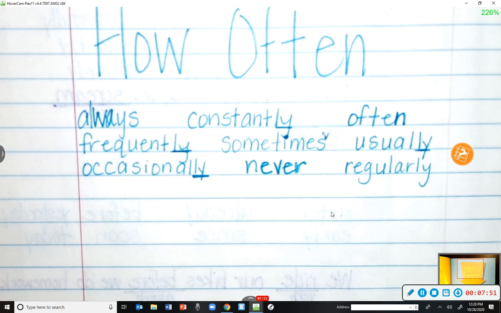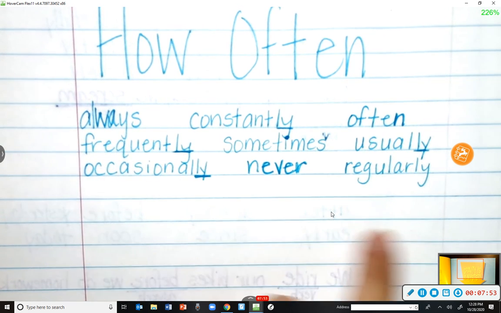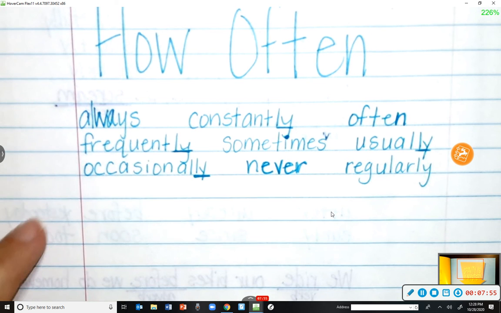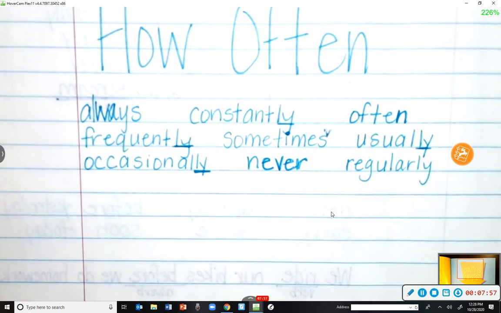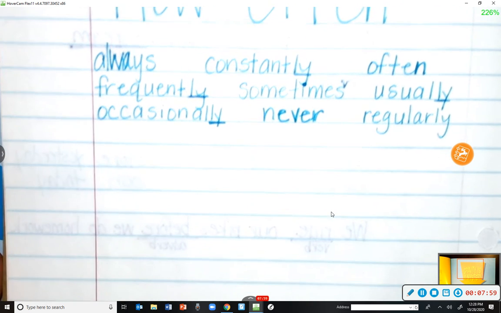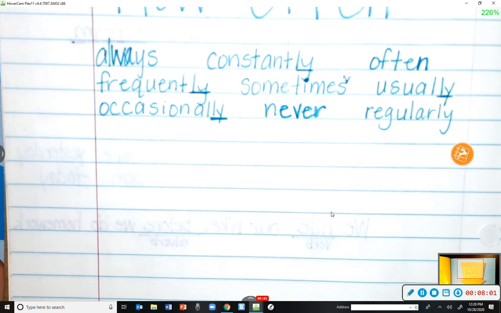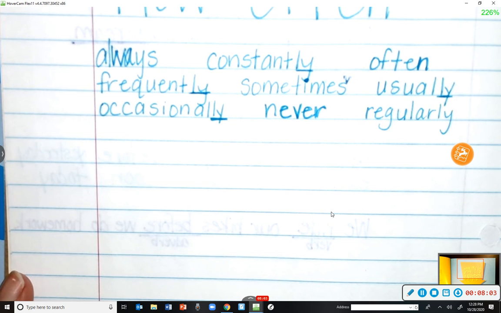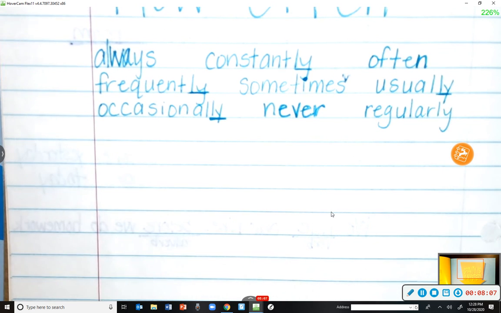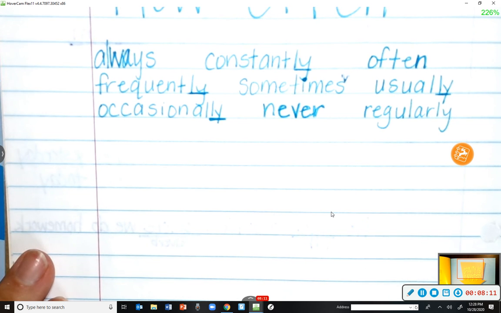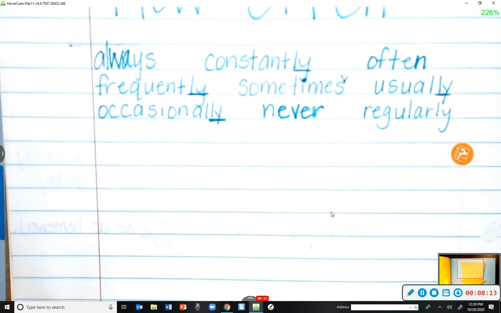Okay, now let's come up with a sentence that we can write for our example, and then I want you to add one more to your journal. Then we will start our assignment where you're highlighting the adverb, underlining the verb. Evangeline, you got one? I always never do my homework.